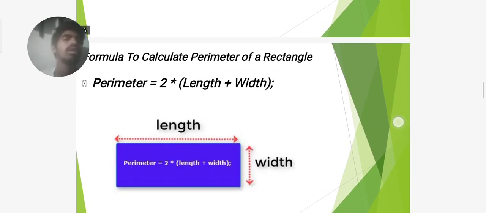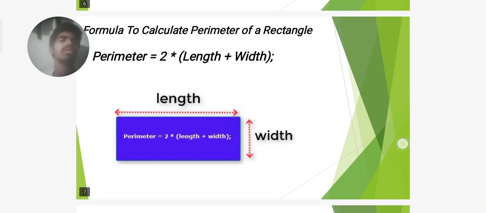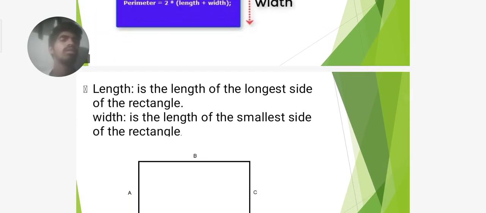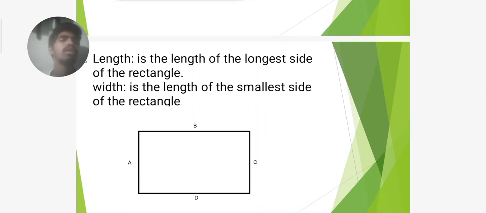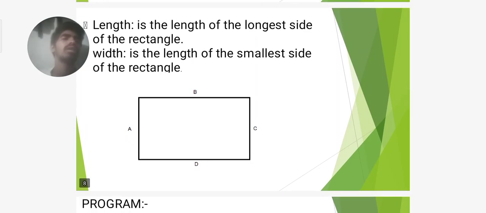These are the two formulas which are most important to solve all the problems. Length is the length of the longest side of the rectangle and width is the length of the smallest side of the rectangle.